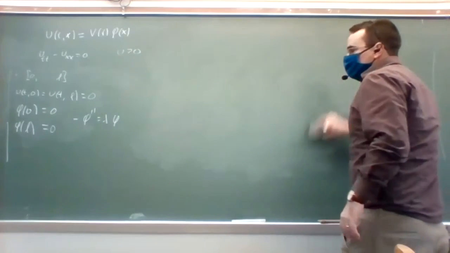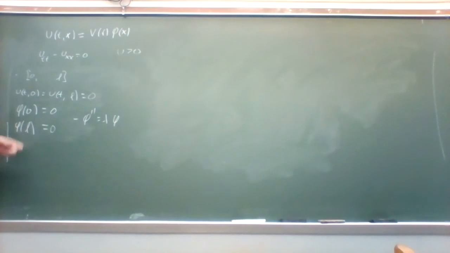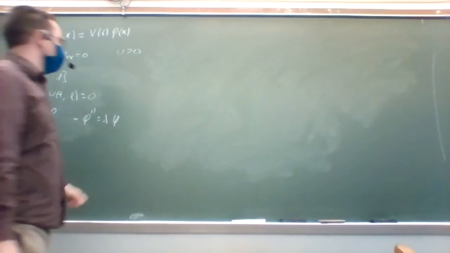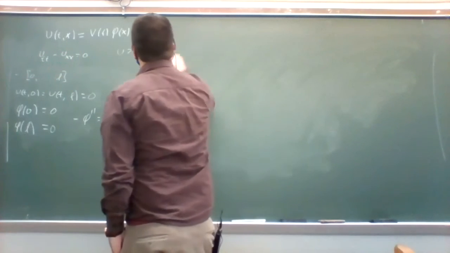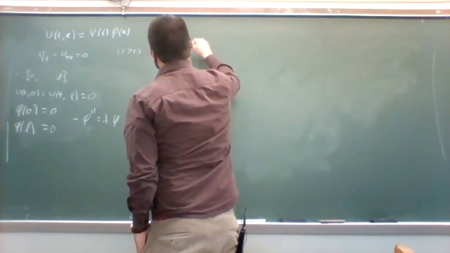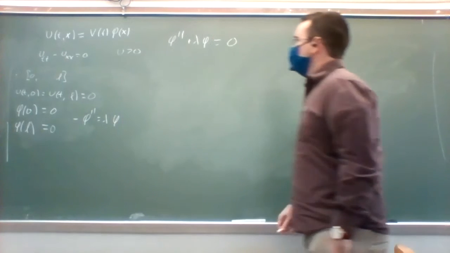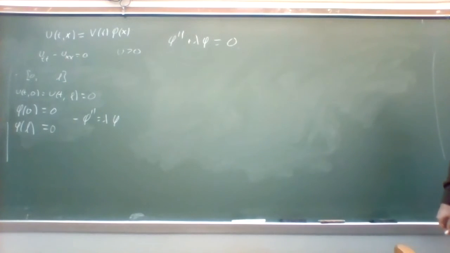And for the most part, I'm just going to let you read up on the way that you solve constant coefficient ODEs. But well, I'll give a little bit of an overview. So I rewrite this as phi double prime plus lambda times phi equals 0.